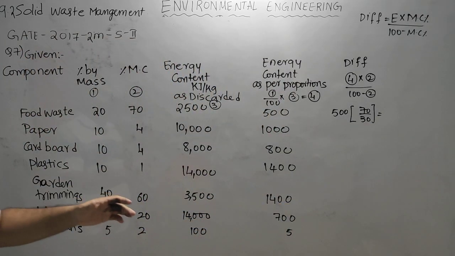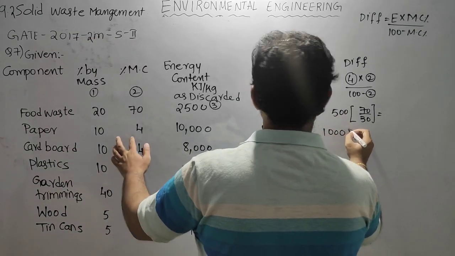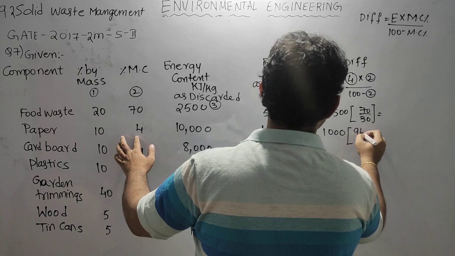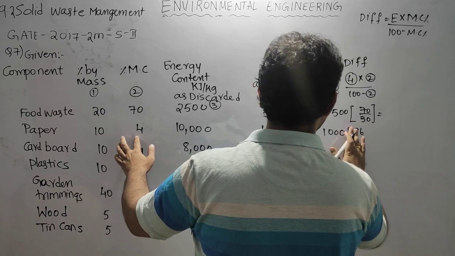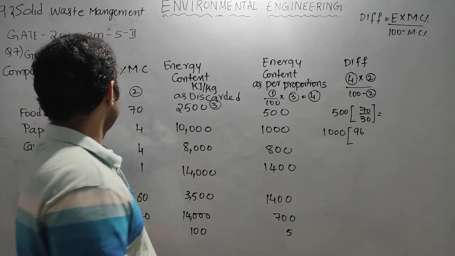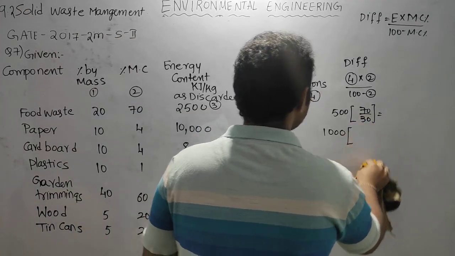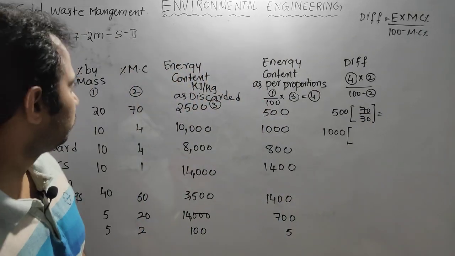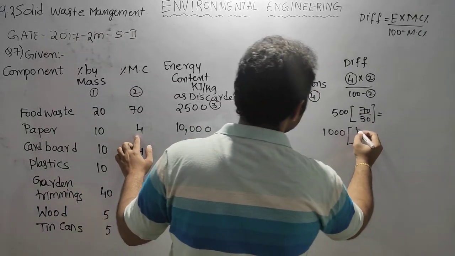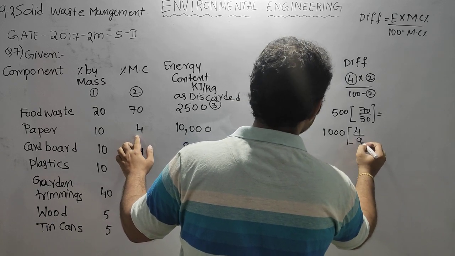First I will write the values. 500 into 70 by 30.